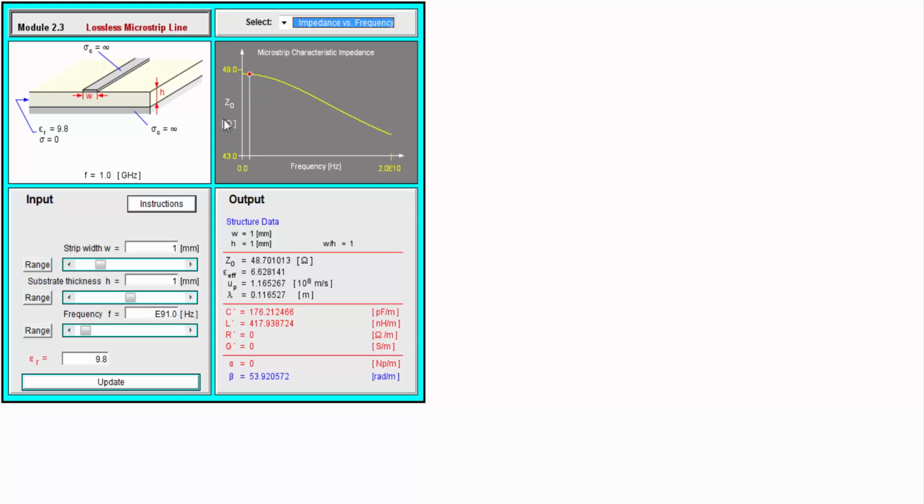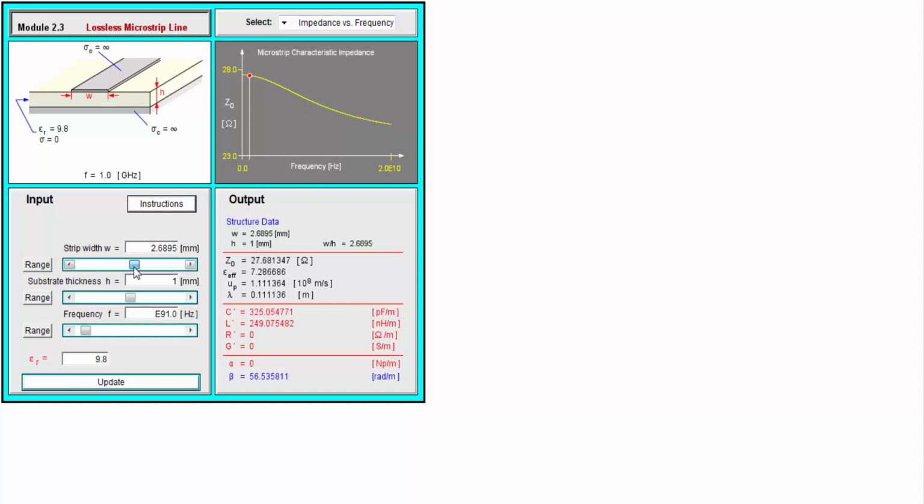If we increase the width, we could see the impedance will be decreased. Okay, now it's about 34 when we have 1.9 millimeter.